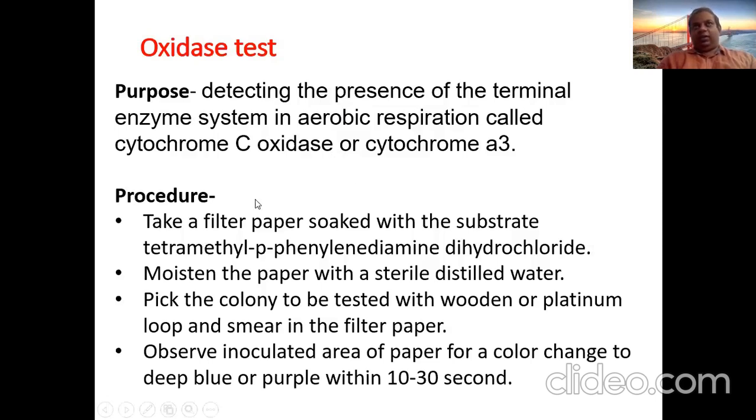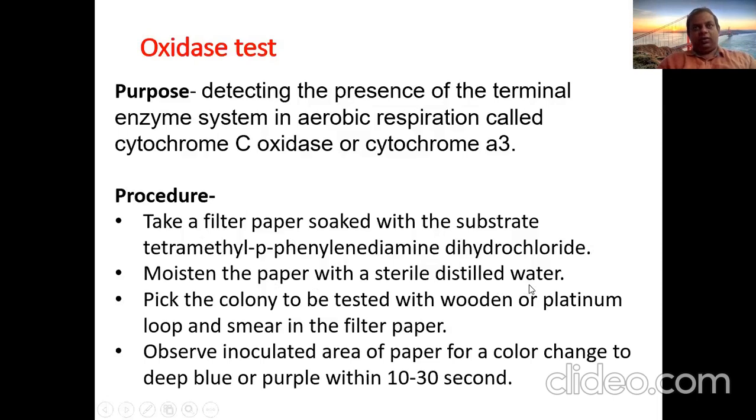The procedure, briefly: take a filter paper, soak it with the substrate, tetramethyl-p-phenylenediamine dihydrochloride, which is the oxidase reagent. Moisten the paper with sterile distilled water.